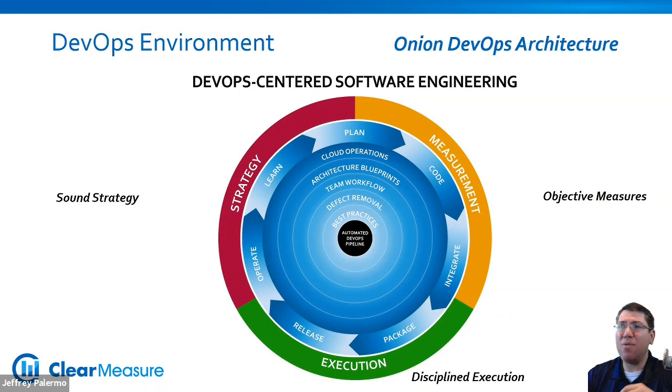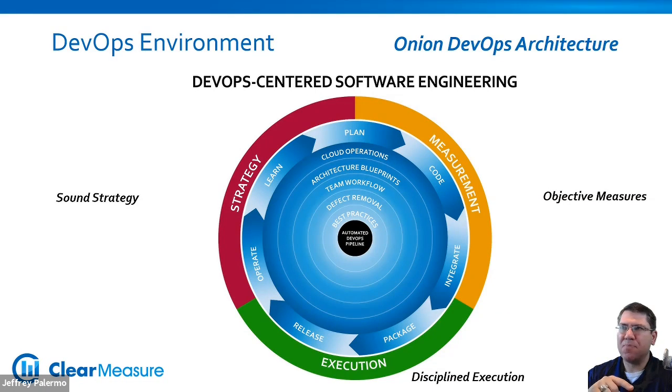But around that pipeline are the practices that you choose, the methods for defect removal, the workflow you put in place for your team, how you communicate and describe your architecture with multi-layer blueprints, just like a civil architecture, and then how you go about operating the resulting software applications that are running in the Azure cloud.